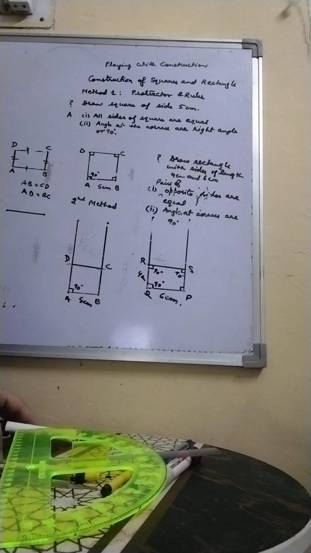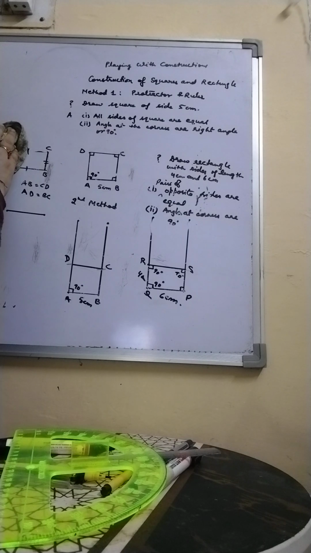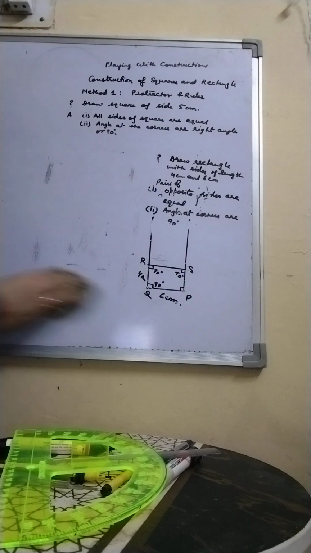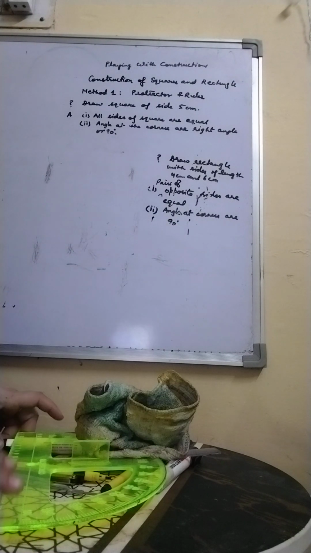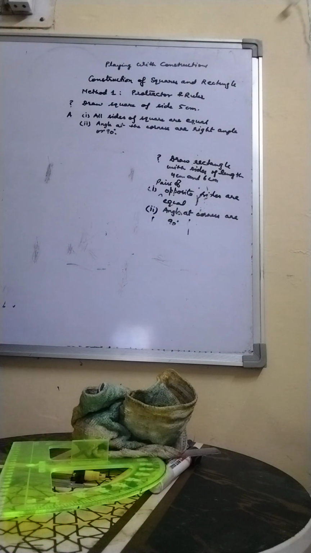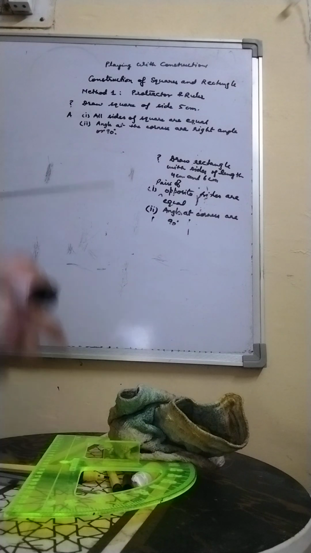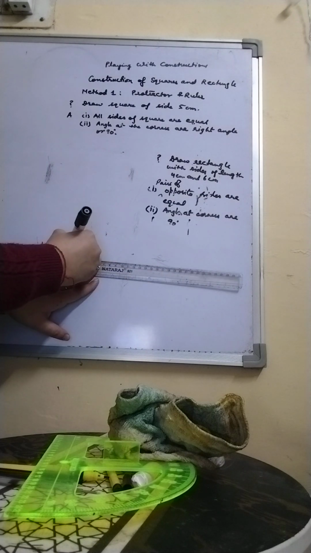Now question number 2. We will do it fast so that we are able to complete. Question number 2 also has: draw a rectangle of sides 2 centimeter and 10 centimeter. So let's draw 2 centimeter here. So first draw 2 centimeter.